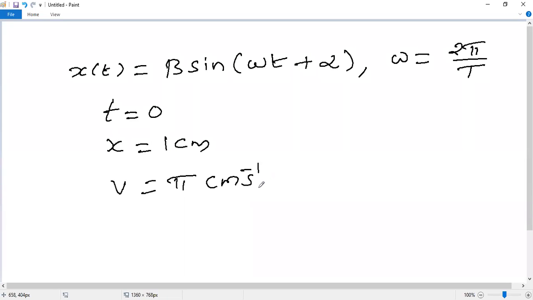You want to find the amplitude and initial phase.